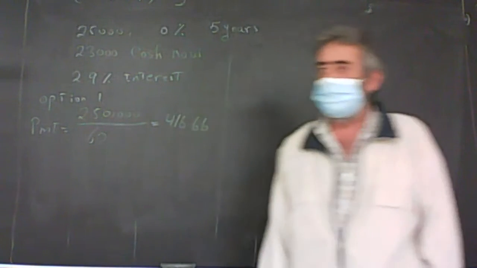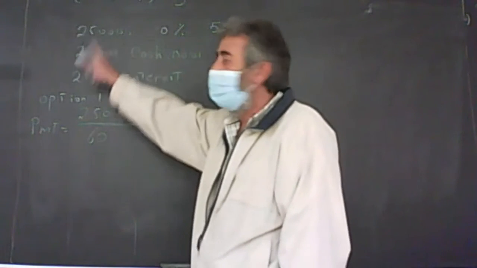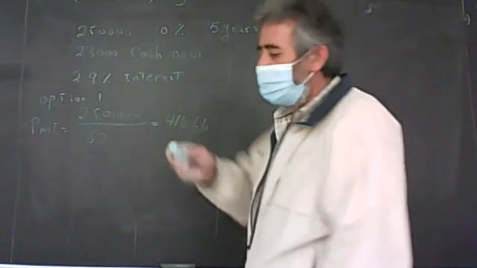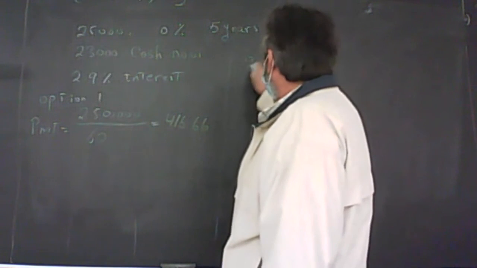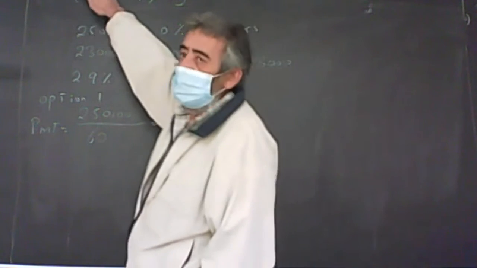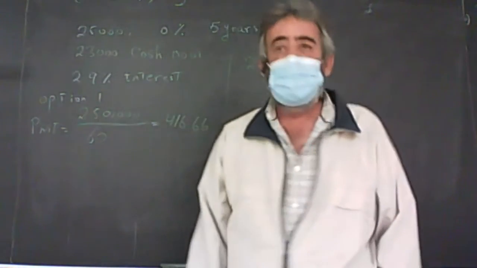So option two. Option two is, instead of $25,000, you're going to be paying how much? $23,000. So for this, the payment formula to figure out how much payment I'm going to be making every month. Yeah?